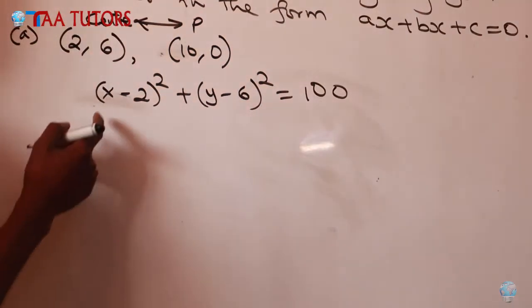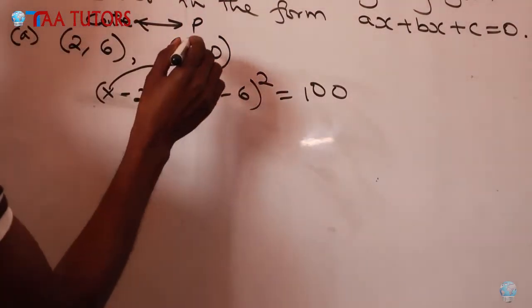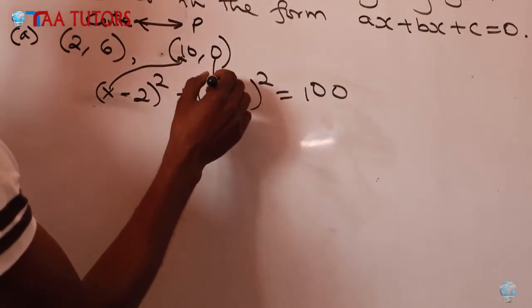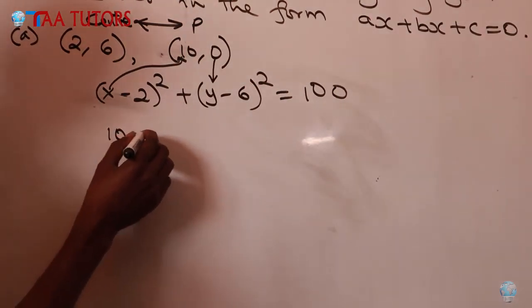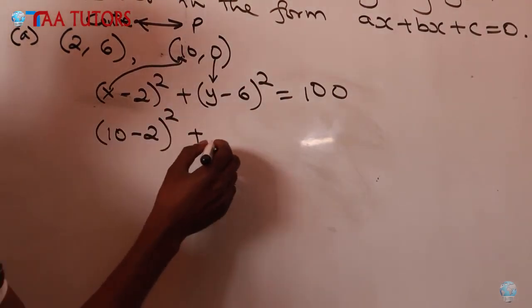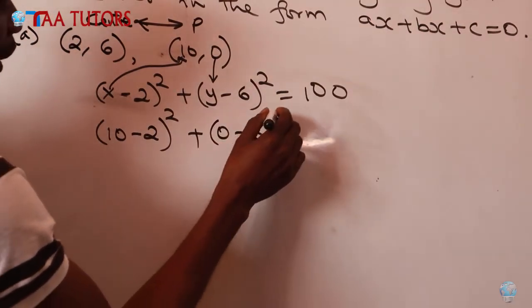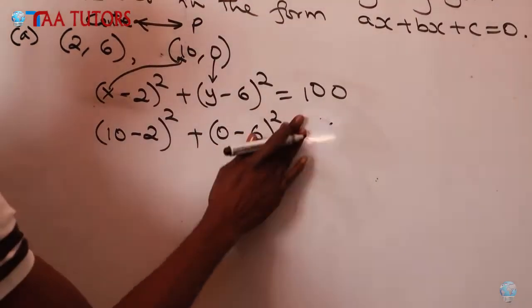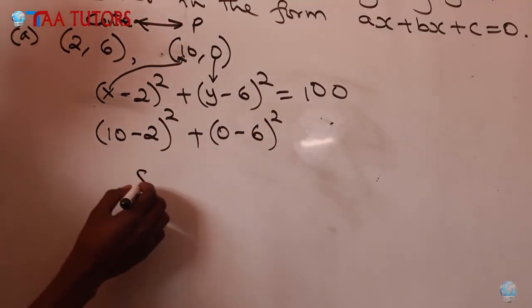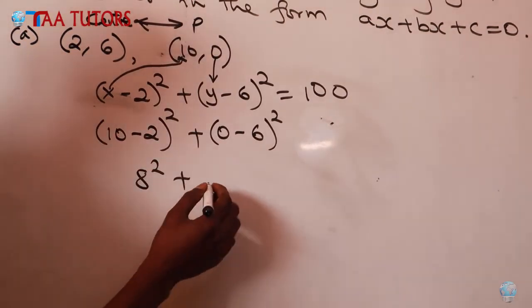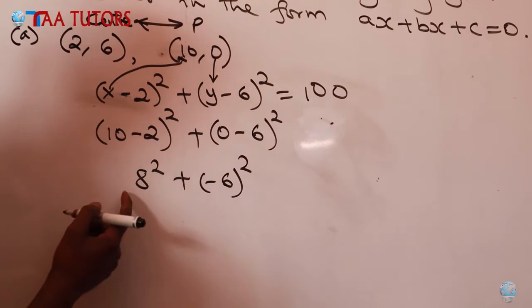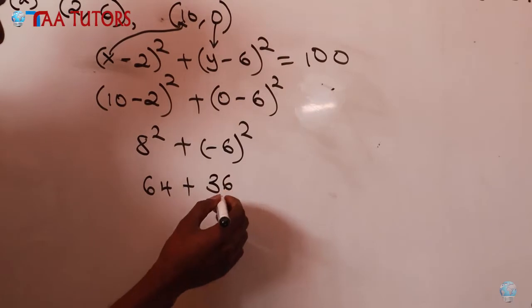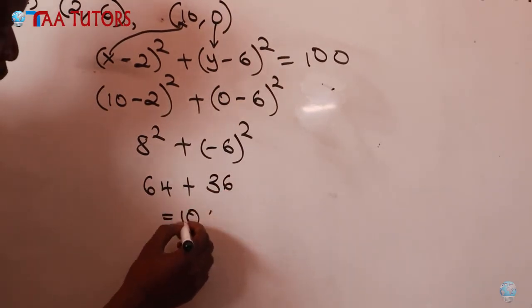I want to ensure that x is here. We remember that 2 and 6 are the center, and then 0 is here. So I'm going to say (10 − 2)² + (0 − 6)² equals what? That is 8² plus (−6)². So 8² is 64 plus (−6)² is 36, which gives us 100.